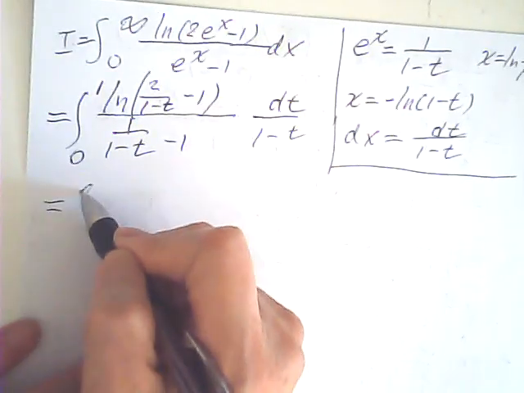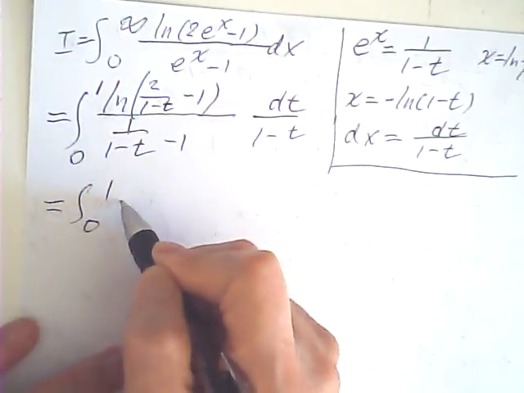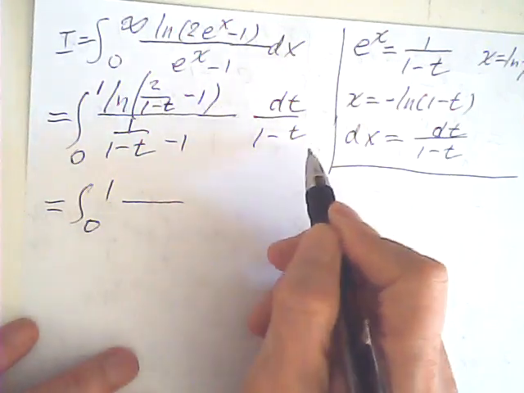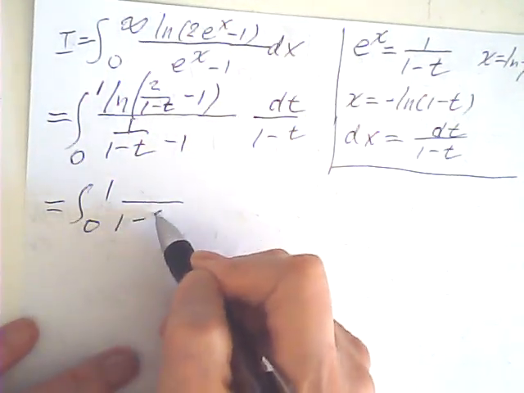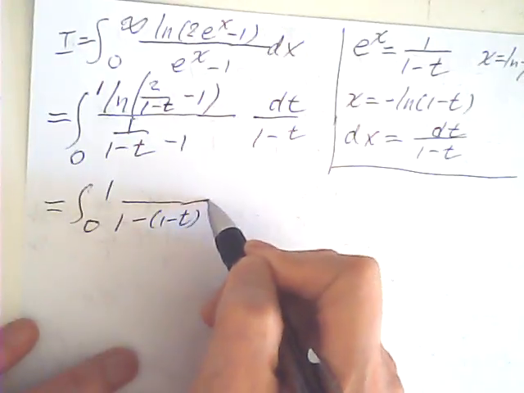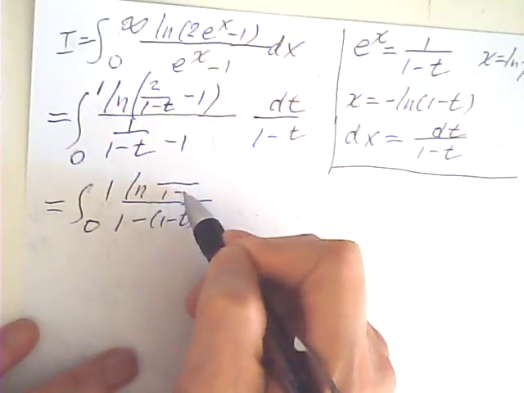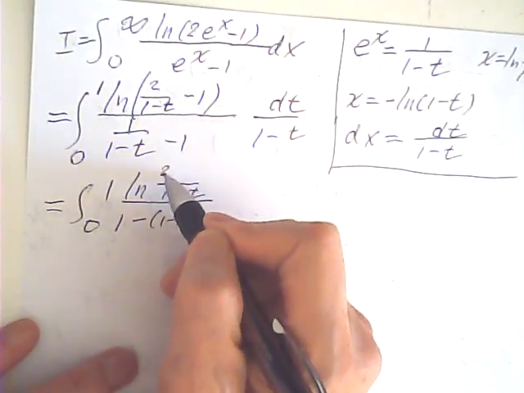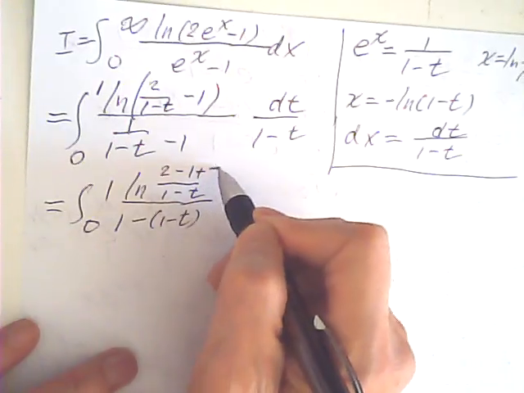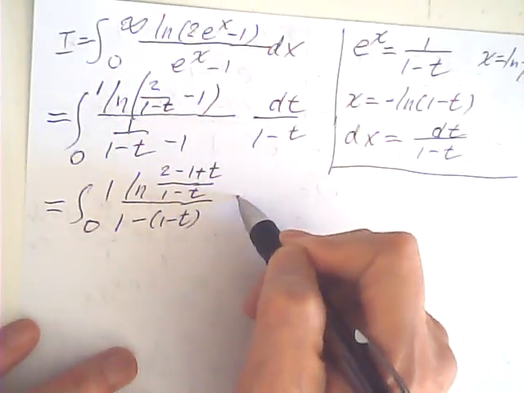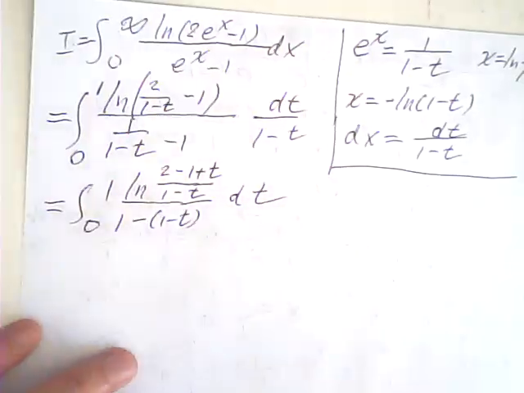All right, then this becomes, this cancels 1 minus t. This is a natural log of 1 minus t, 2 minus 1 plus t, right? And a dt.